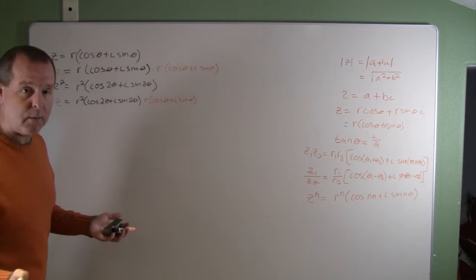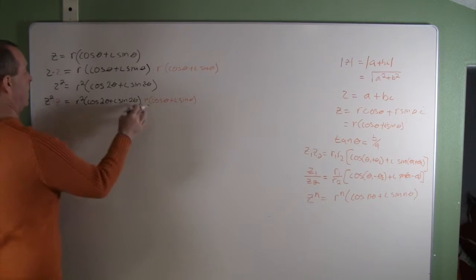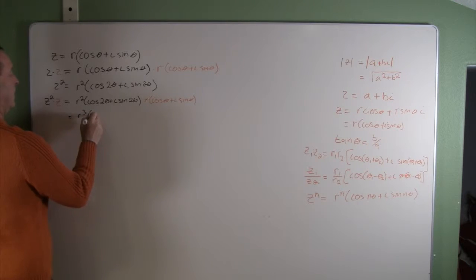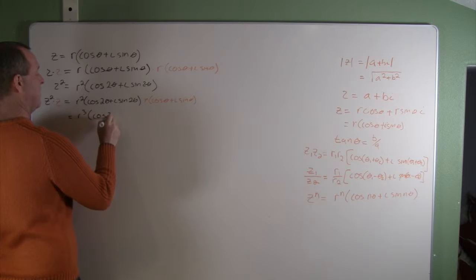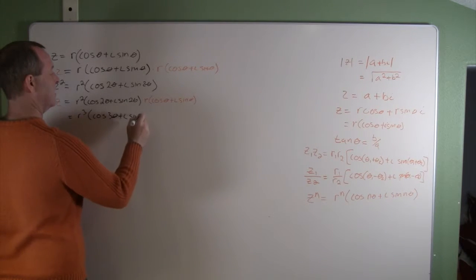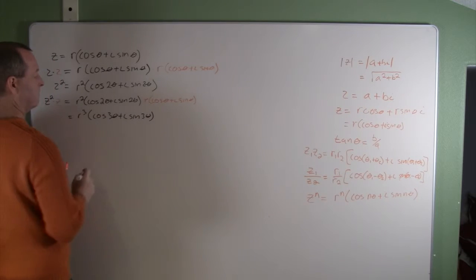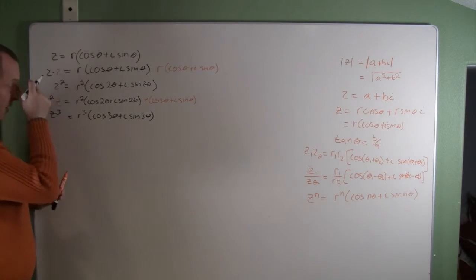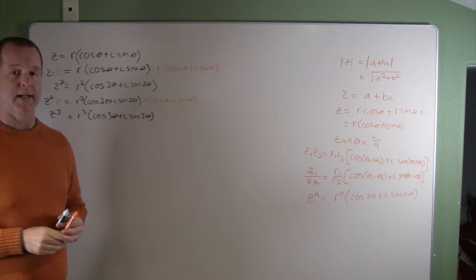Again, multiply it like we've learned before. r squared times r produces an r cubed, and then add the arguments: 2 theta plus 1 theta gives me 3 theta. And so z cubed equals r cubed times cosine 3 theta plus i sine 3 theta.